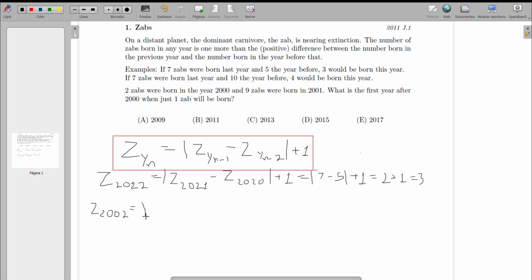For that, we need to count the sabs born in 2001, which are 9, minus those sabs born in year 2000, which were 2, plus 1. And that gives us 7 plus 1 equals 8.